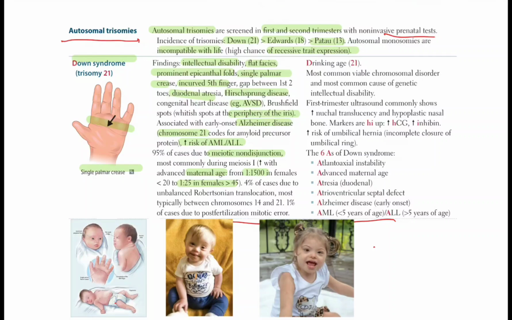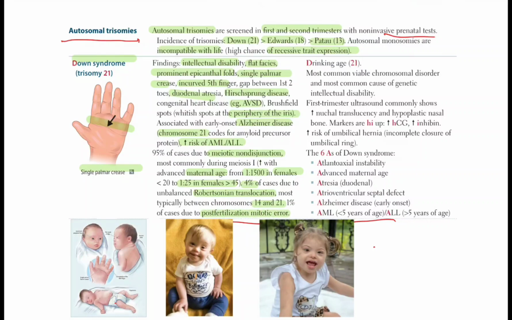So when females are young, its incidence is low. 4% of cases are due to unbalanced Robertsonian translocations, most typically between chromosome 14 and 21. 1% of the cases are due to post-fertilization mitotic error.